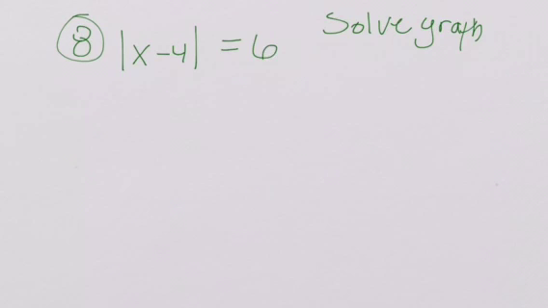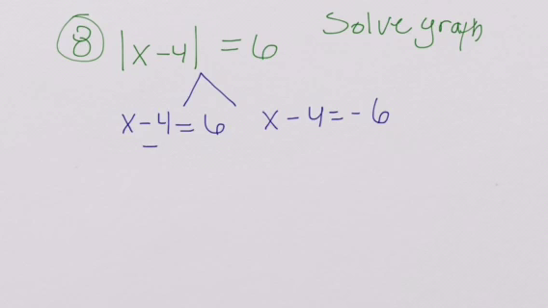All right, now we're going to do absolute value. Remember, with absolute value, we're going to break it apart. So it's going to be x minus 4 is equal to 6. X minus 4 is equal to negative 6. Add a line, change the sign. Zero pair out your 4. X is equal to 10. Add a line, change the sign.